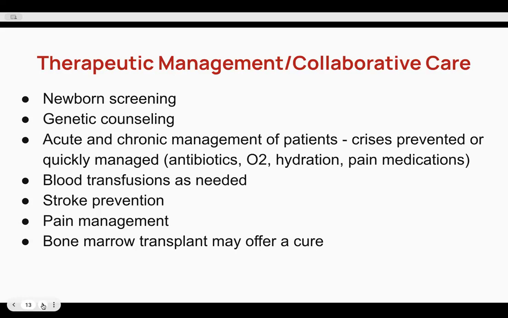We want to make sure that they have a good education regarding this and understanding of why they're doing what they're doing. And family dynamics are important too. When I say family dynamics, I'm talking about blended families and single parents. We want to make sure that these parents have support systems in place and they're not trying to do it alone.